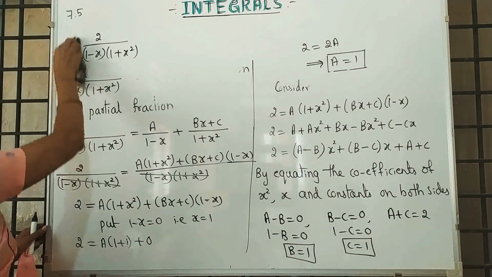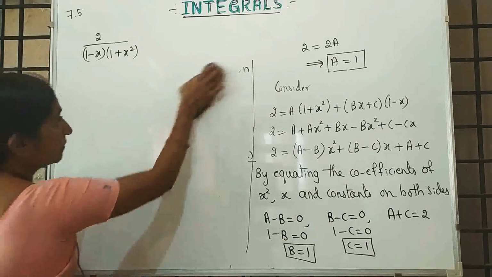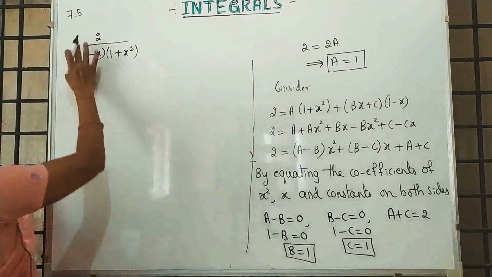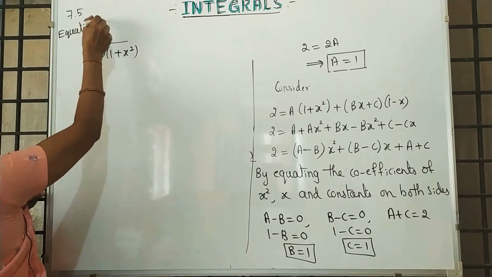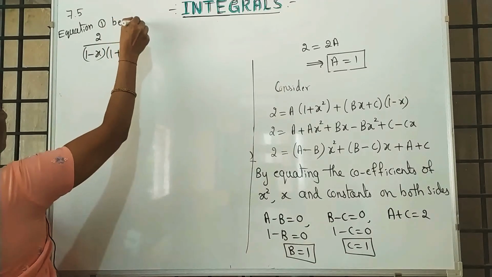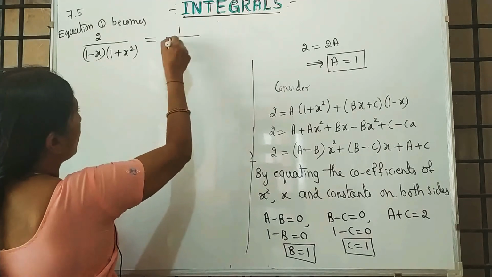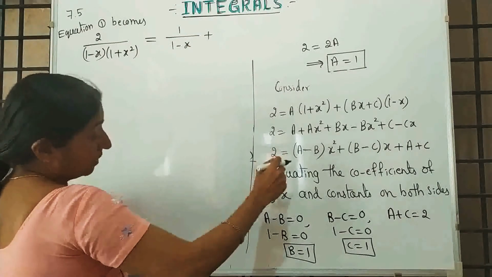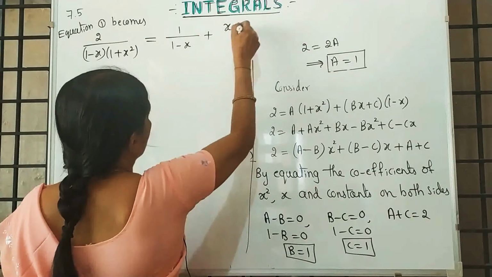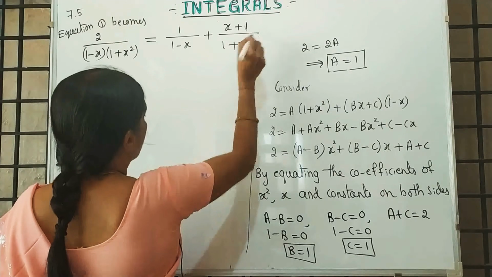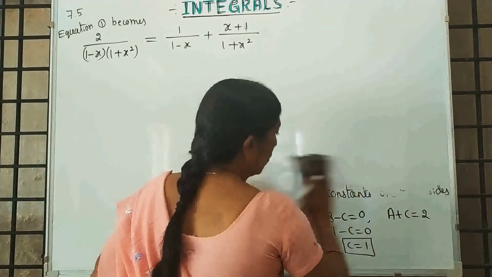Now write down those values in equation 1. Therefore, equation 1 becomes: 2 upon (1 minus x) into (1 plus x square) is 1 upon (1 minus x) plus (bx, B value is 1, plus C, C is also 1) upon (1 plus x square). Here we cannot integrate directly, you are already familiar.